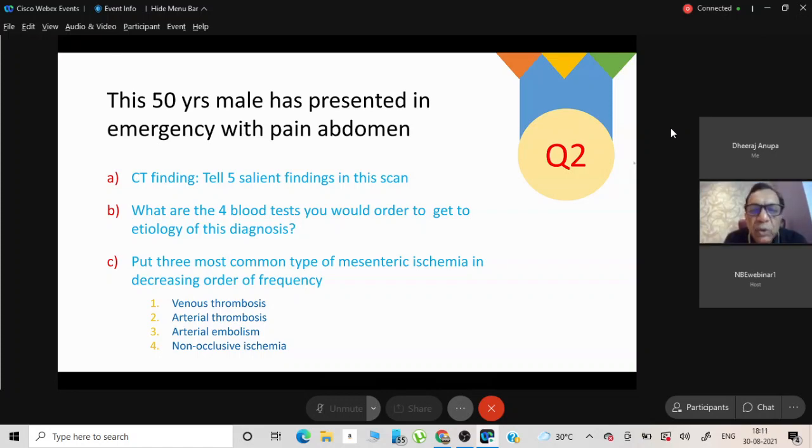What are the 4 blood tests you would order to get to the underlying etiology of this diagnosis? And the question number 3 is put 3 most. I've given 4 choices. You have to give 3 most common type of mesenteric ischemia in decreasing order of frequency: venous thrombosis, arterial embolism, and non-occlusive ischemia.